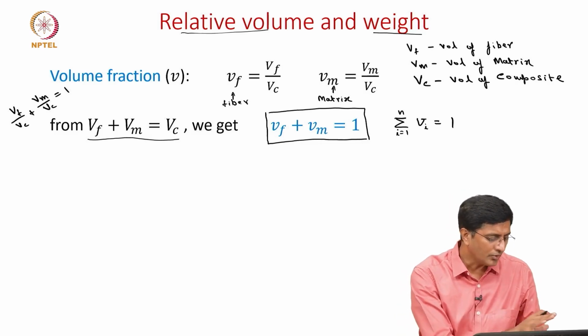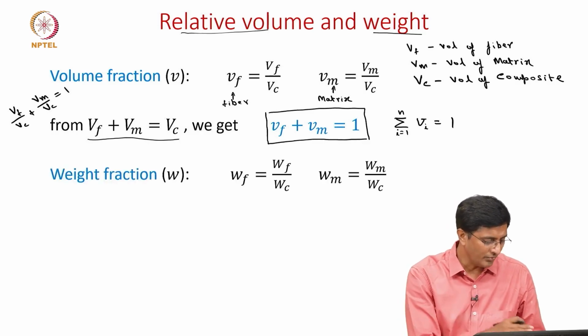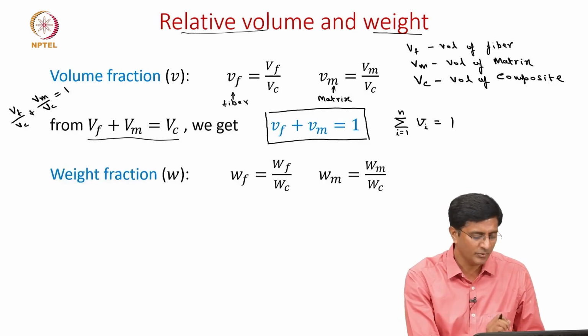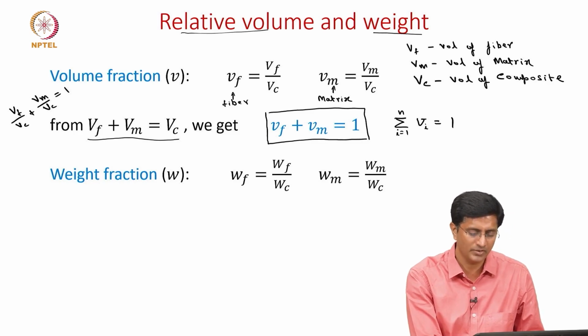Okay. Now that we have looked at the volume fraction, let's look at the weight fraction. So weight fraction we can define along similar lines. The small w is for the fraction and the capital W is for the actual weight.